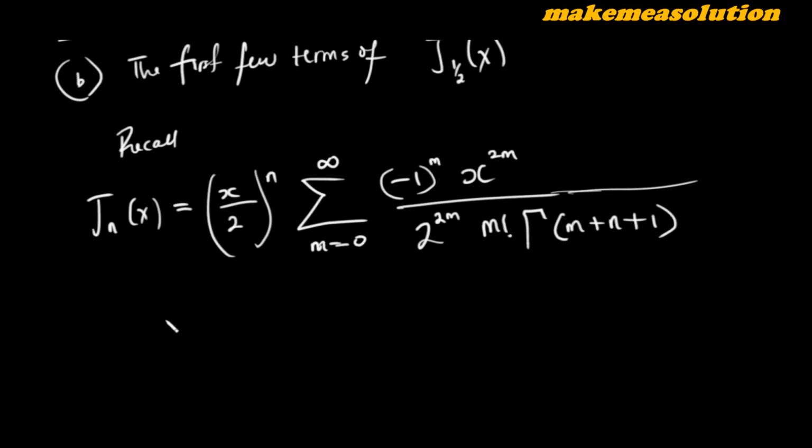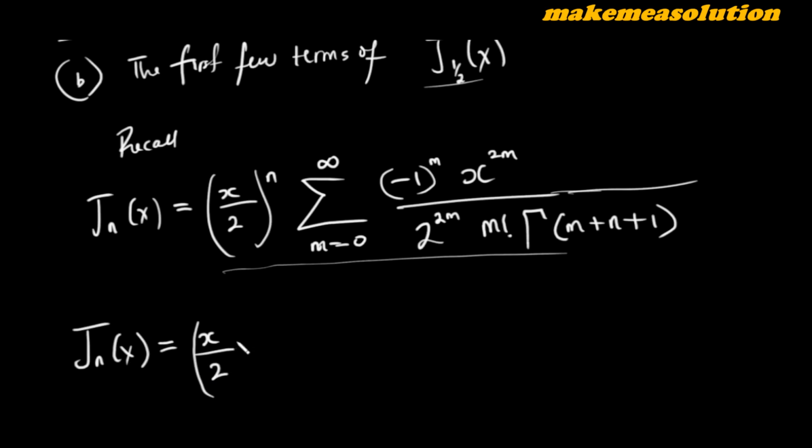So this is the gamma function that I believe most of us are familiar with. If we want to write out the expression for J_{1/2}(x), we can modify this formula a little. Our J_n(x) is still the same thing as (x/2)^n, times the summation from m equals 0 to infinity.